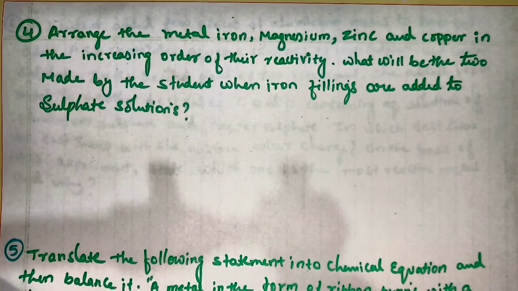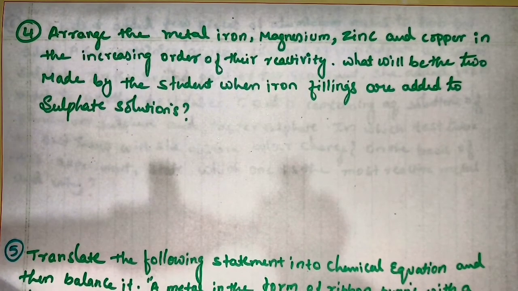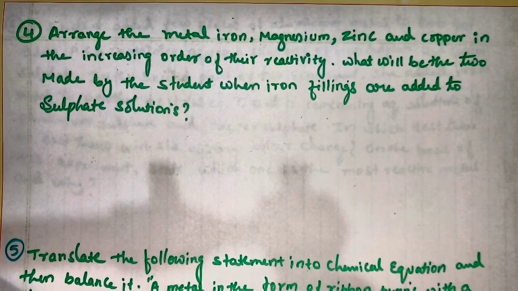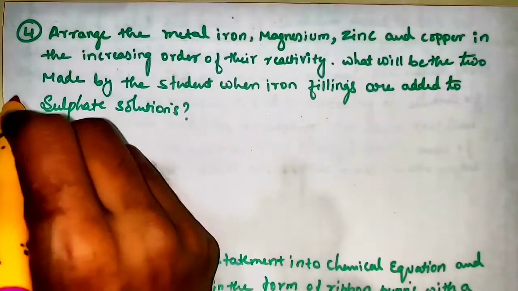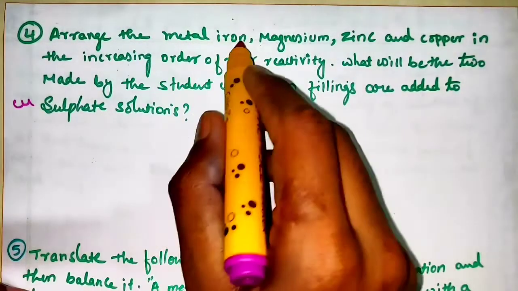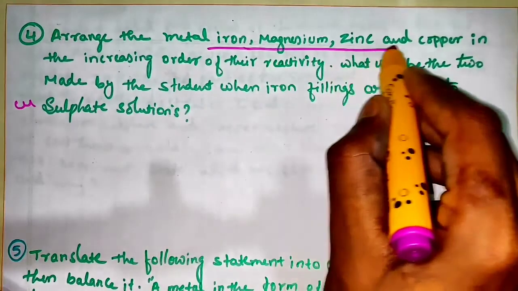Moving to the next question: arrange the metals iron, magnesium, zinc and copper in the increasing order of their reactivity. What will be the observation made by the student when iron filings are added to copper sulfate solution? Firstly, we have 4 metals: iron, magnesium, zinc and copper.